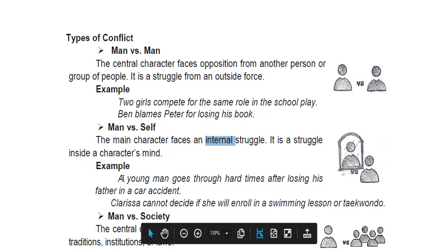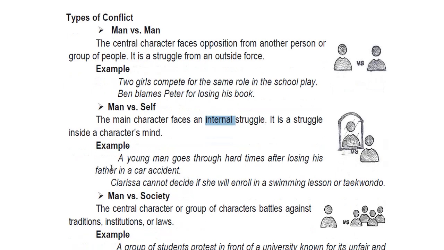For example, for you to better understand man versus self, it says, a young man goes through hard times after losing his father in a car accident. So it is the young man versus his problem with regards to the death of his father.